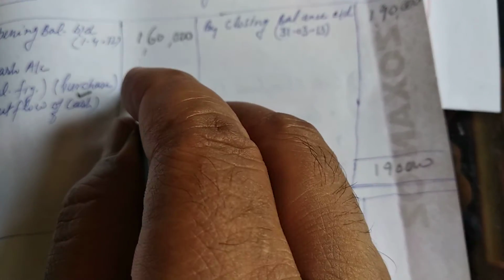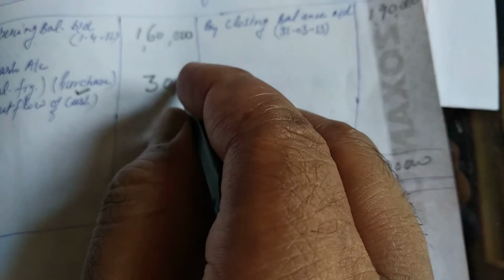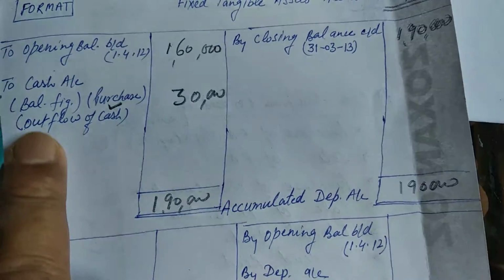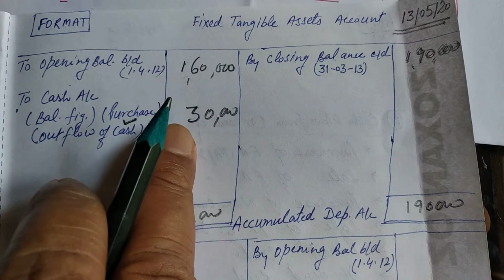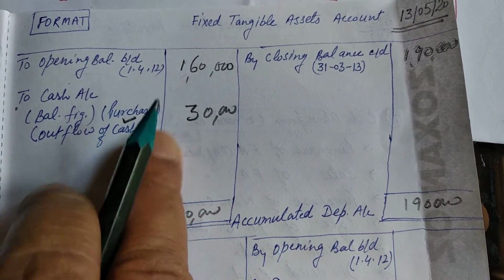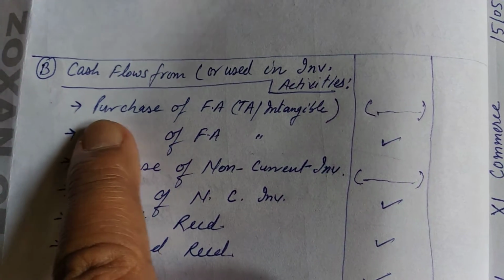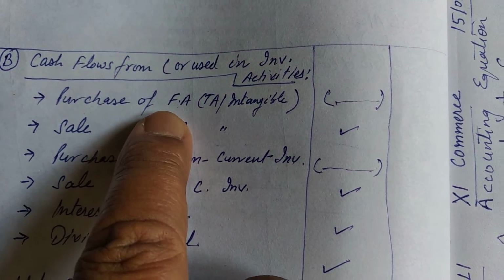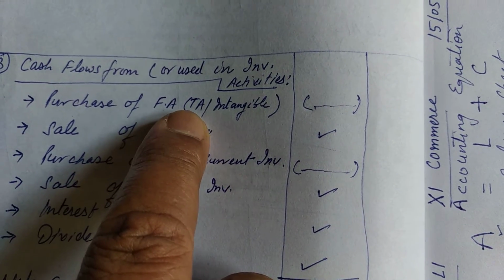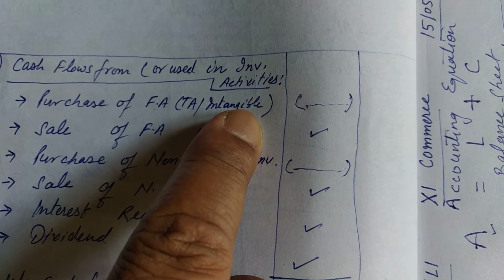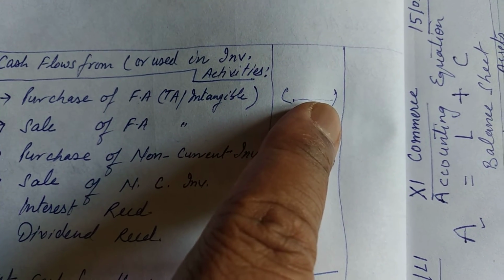This becomes 30,000. So we get the cash purchase, and this purchase is the outflow of cash. We will write in here in brackets purchase of fixed asset. It may be machinery, furniture, anything else, tangible asset, and this is intangible asset. This will come in minus.